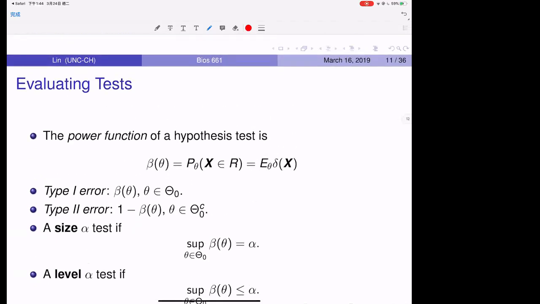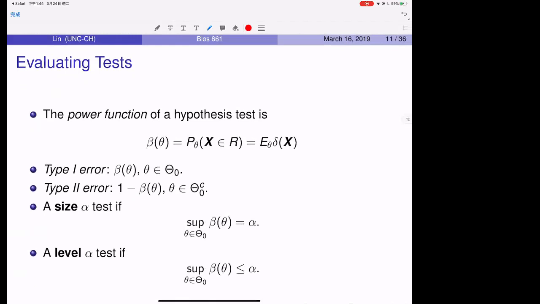Right now it's still the same: you might have test A, which means I have one rejection region, and test B, which has another rejection region. How do I know which test is more preferable? We basically use the so-called power function to evaluate a test.